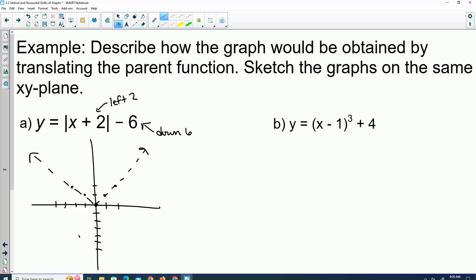So I'm taking every point, moving it left 2 and down 6. My scale wasn't perfect.